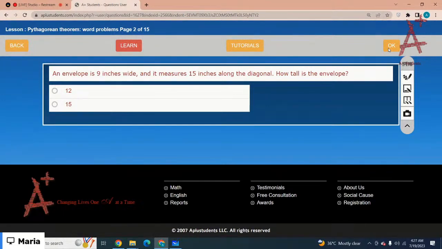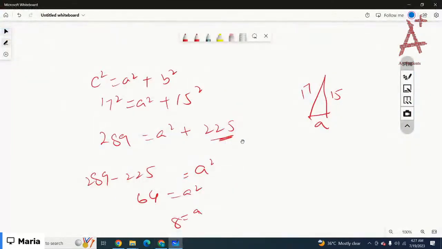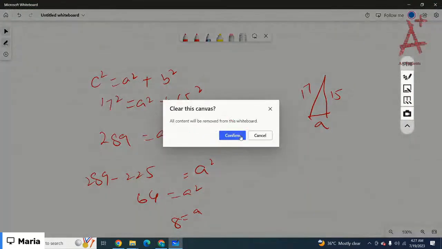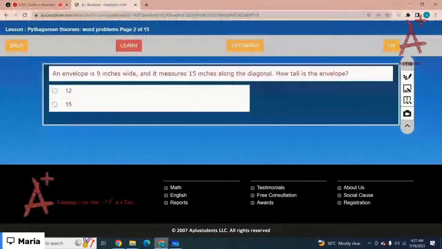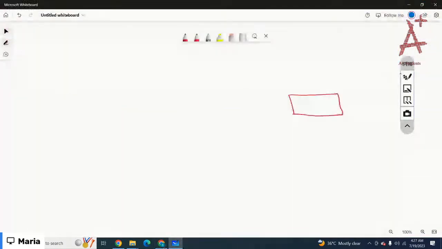An envelope is 9 inches long and it measures 15 inches along the diagonal. How tall is the envelope? So here is the envelope. 9 inches wide.